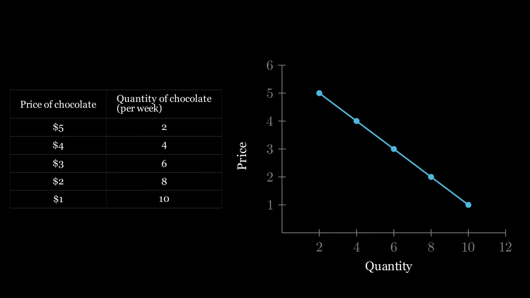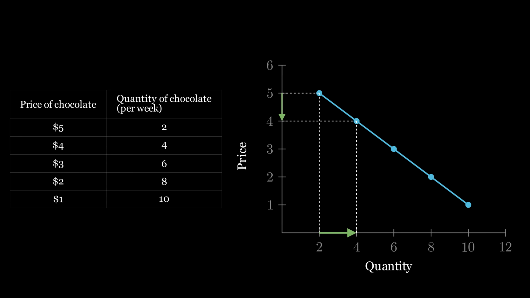Now we connect the dots, and what we get is a downward sloping demand curve. The downward slope visually shows the inverse relationship between price and quantity demanded. For instance, when the price falls from $5 to $4, quantity demanded increases from 2 to 4. This visually shows the law of demand.